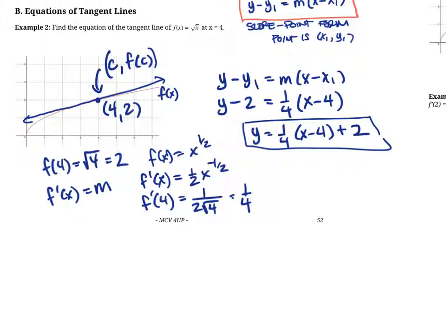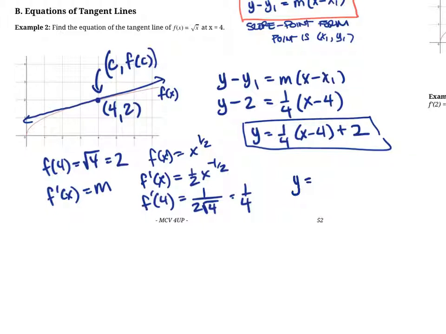So we're looking at a general case now. If we think about what we did here and what our point-slope form is, the equation of our tangent line is always going to be y equals the slope, which in this case was 1/4.